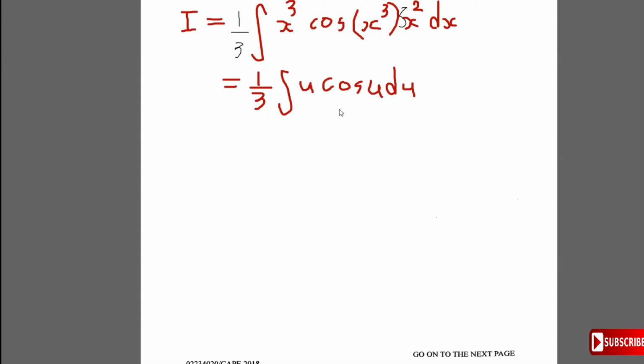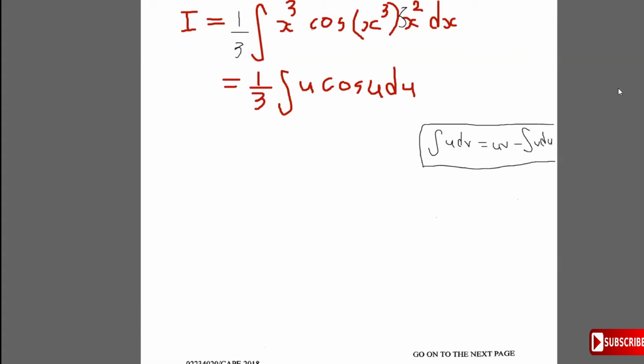Since I already used u, let me write down the by parts formula, just for those who don't remember: the integral of u dv is equal to uv minus the integral of v du. That's the by parts formula.